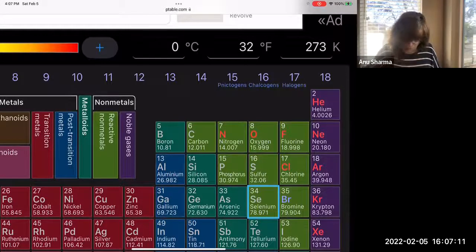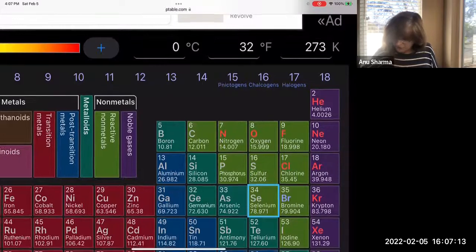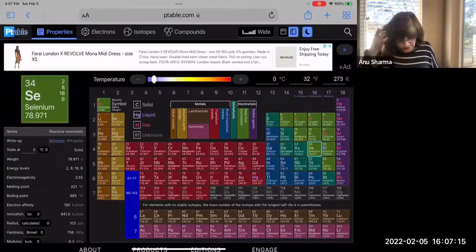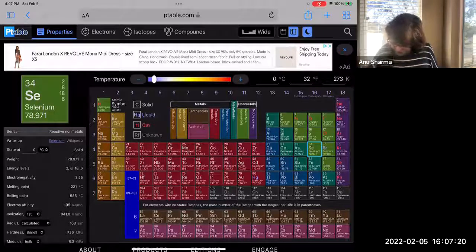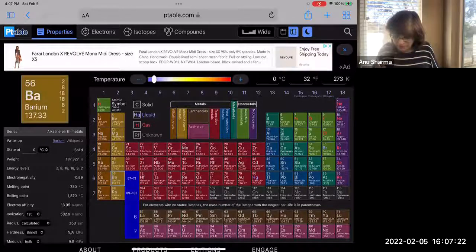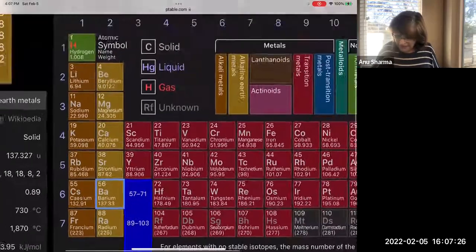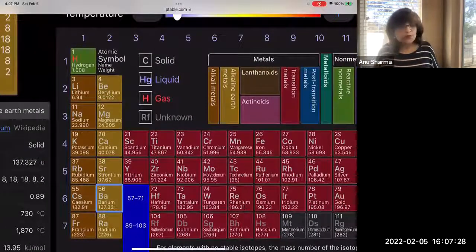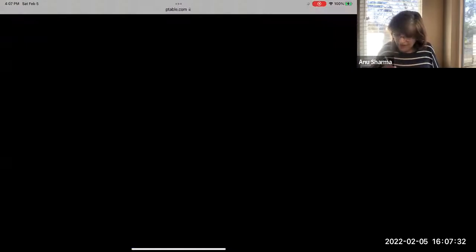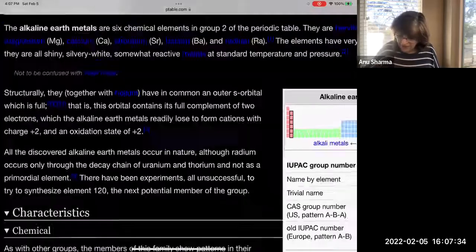The next question is barium. Where is barium located in the periodic table? You should know that. Barium is here. You just have to get used to looking at these elements, and we see this is in group 2A. But what is the name of that group? The name of that group is the alkaline earth metals.